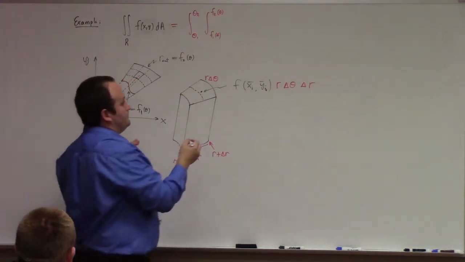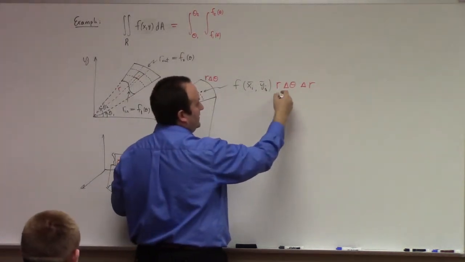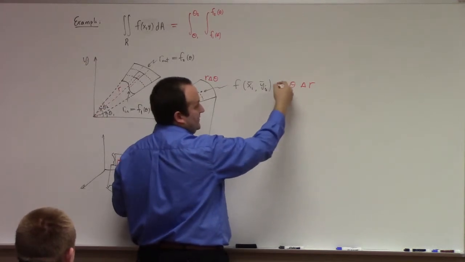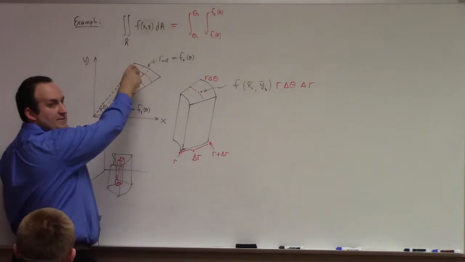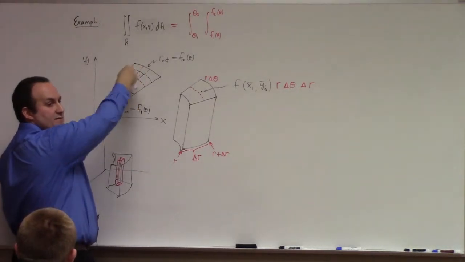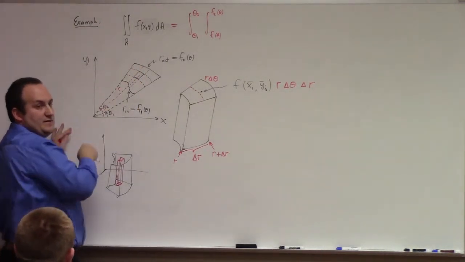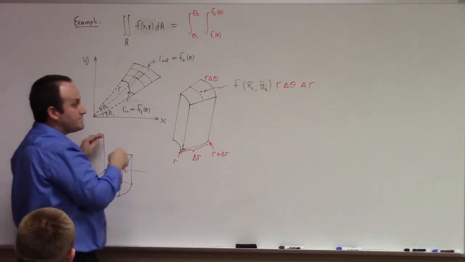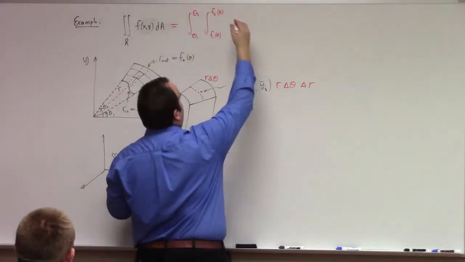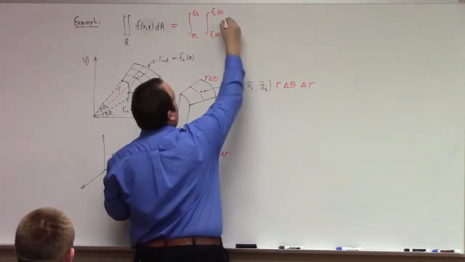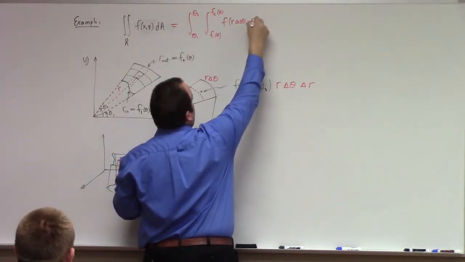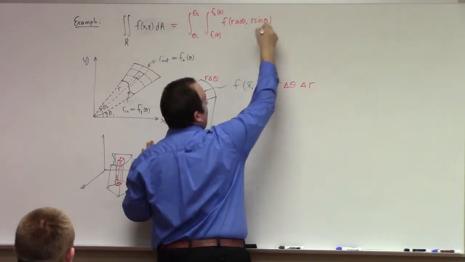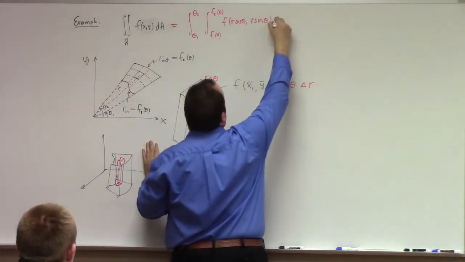And you notice there's an interesting thing here, that we've picked up this r factor, right? Because the area of the typical approximating region gets scaled according to how far away it is from the origin in this choice of coordinates. So we pick up this r factor, and you do f of r cosine theta, r sine theta, that's x and y, and then we do r.